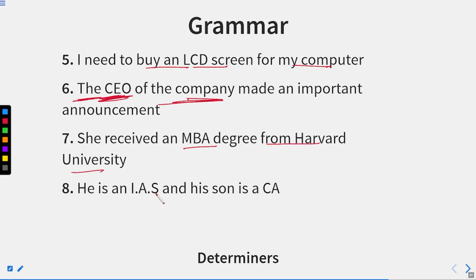He is an IAS and his son is a CA. So again, according to the pronunciation of these short forms, these abbreviations, according to the letters, we are only pronouncing these abbreviations. We are not speaking about the entire word or the entire elaboration of these abbreviations.